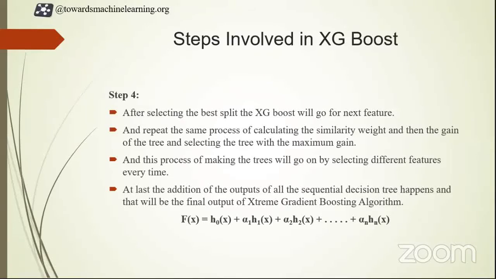In this way XGBoost goes for the next feature, and it repeats the same process of calculating the similarity weight, then the gain of the tree, and selecting the tree with the maximum gain. This process goes on and on. It will select different features each time.